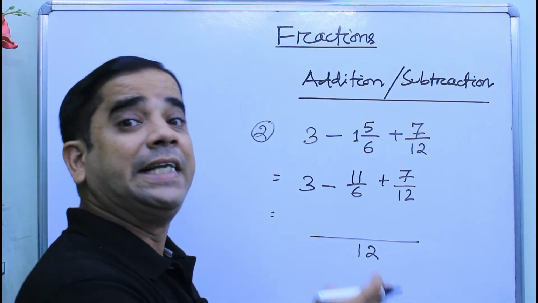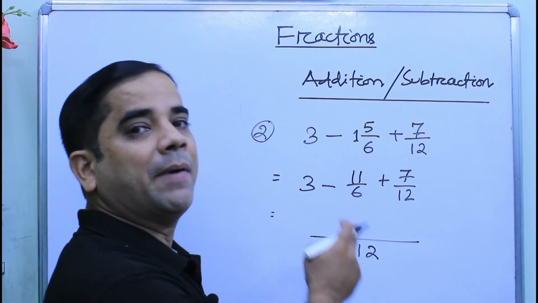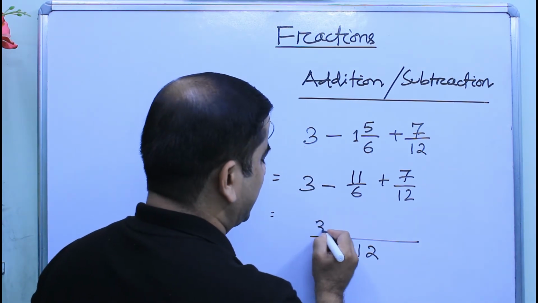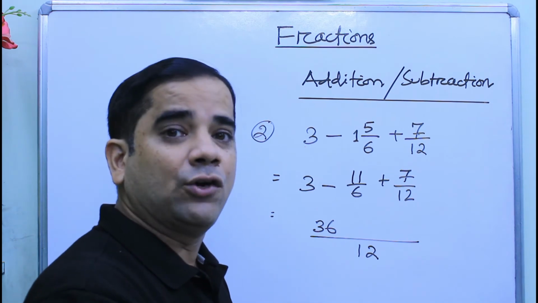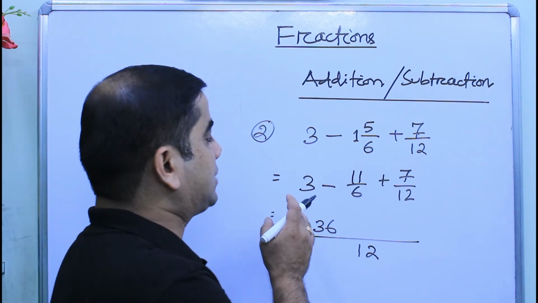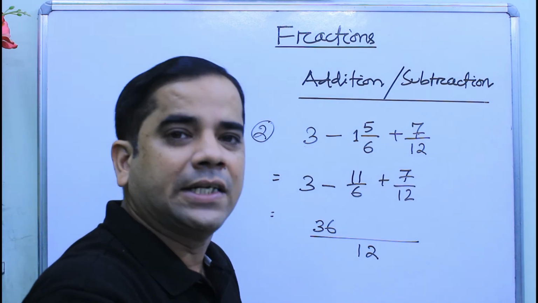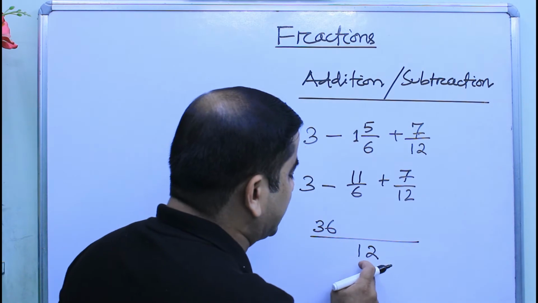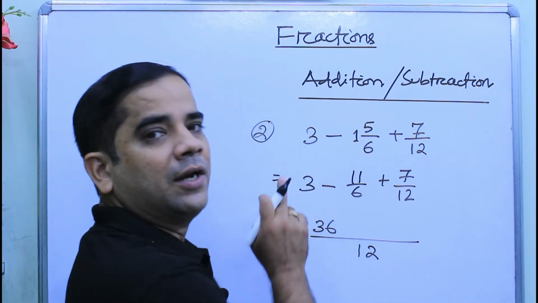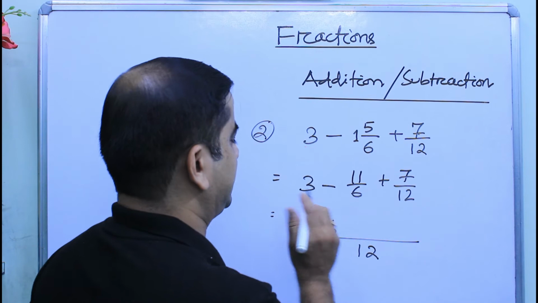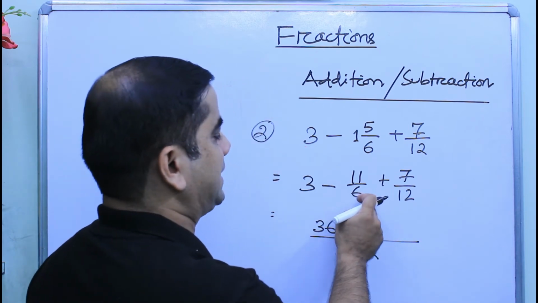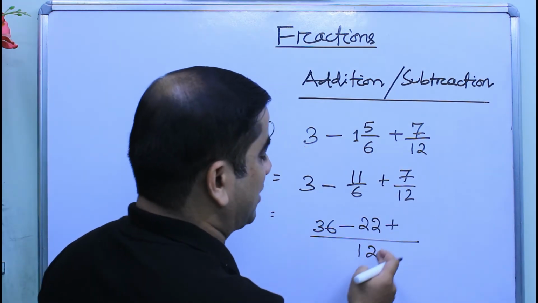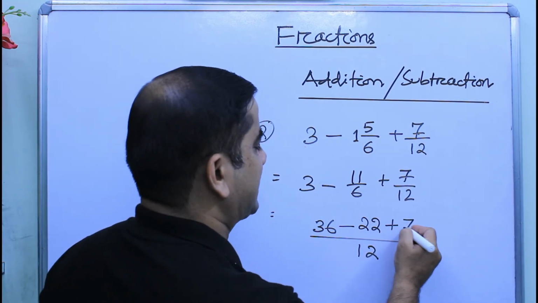12 divided by the denominator, in this case 1. So 12 divided by 1 is 12, 12 into 3, that is 36. So the easy way to do the calculation: in case we find any whole number in addition or subtraction of fractions, we just need to multiply the LCM with the whole number. 12 threes are 36, minus 12 divided by 6, that is 2, 11 into 2, 22. 12 divided by 12, 1, 1 into 7, 7.